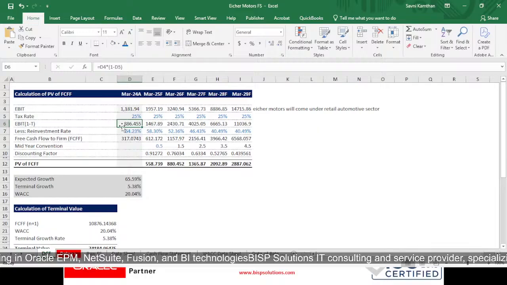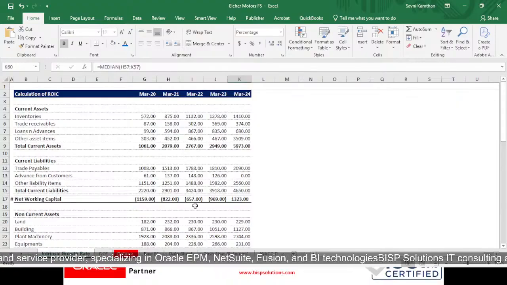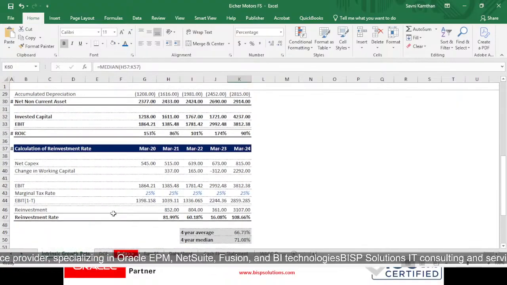Then when I want EBIT into 1 minus T, so what I will be doing, EBIT is this into 1 minus my tax rate, so I will be getting 886.455. Then I will be reducing my reinvestment rate, which I have taken from my intrinsic growth rate. Reinvestment rate is this, right?